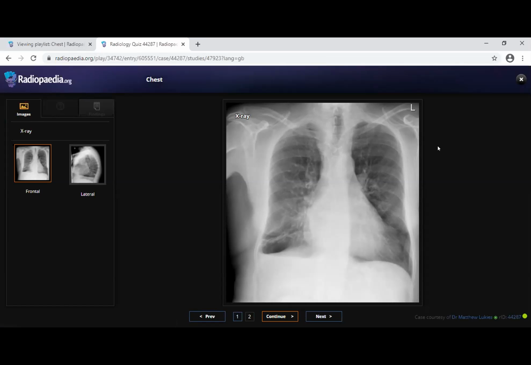Could be pleural effusion, as there's obliteration of the costophrenic angle. Could be subpulmonary pleural effusion. I would like to confirm the finding by CT or ultrasound, better ultrasound. The left costophrenic angle appears normal. Any other findings?